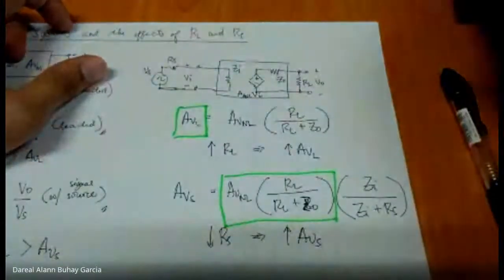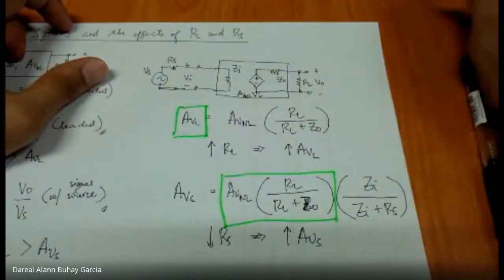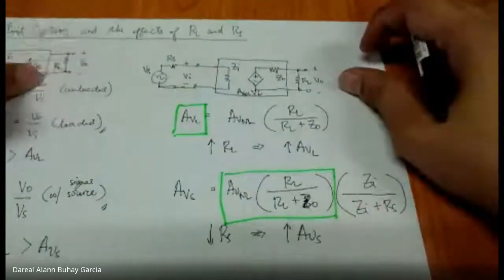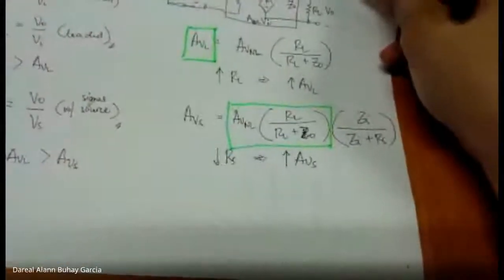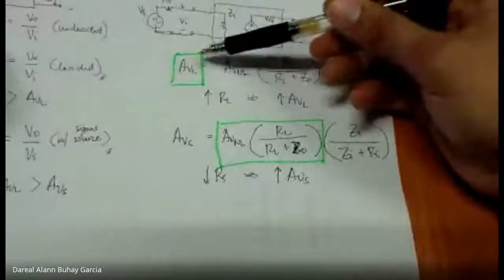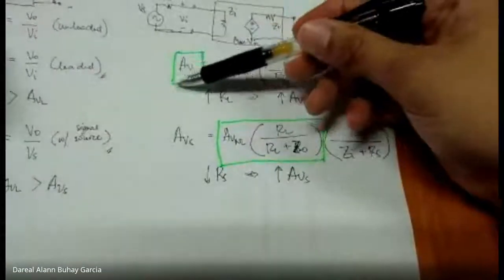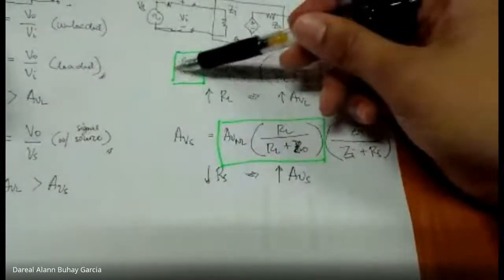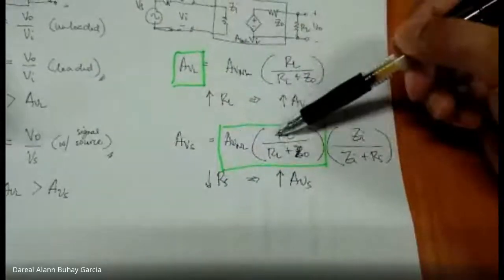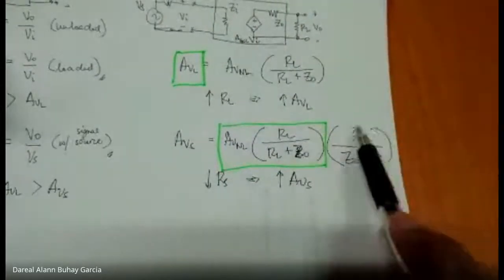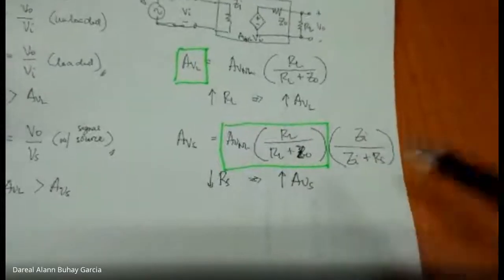Since it is cascaded, once we obtain the total loaded voltage gain of the cascaded system, we replace it here and multiply by Zi over Zi plus Rs.